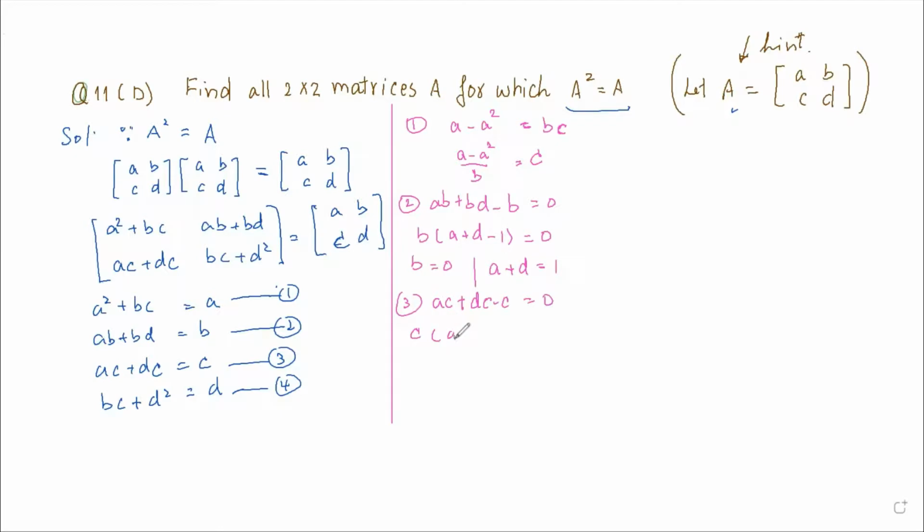So I have A plus D minus 1 equal to 0. Then I have C equal to 0. And then this is a bracket, correct? Okay. So I have A plus D equal to 1 and move 1 to the other side right away.